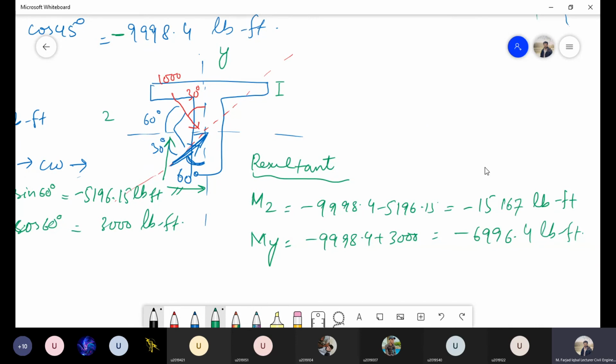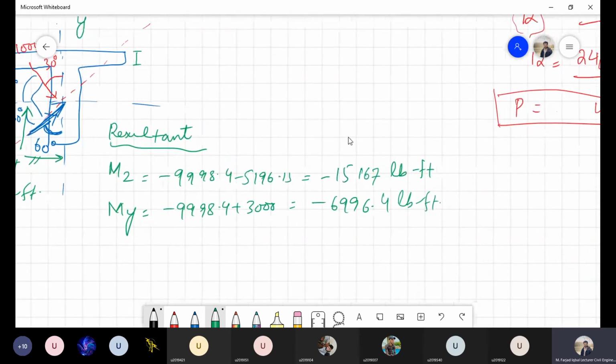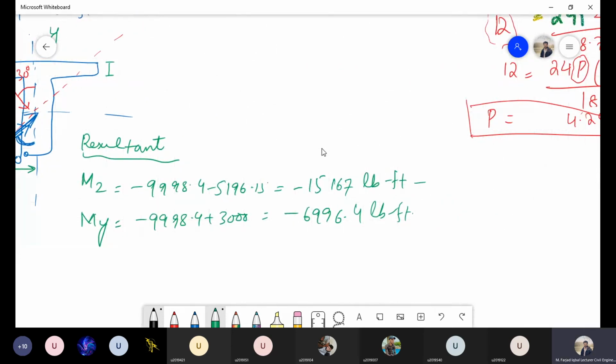So if I convert this one, I will divide it by 12. If these answers are in pound feet, what will be the answer in pound inch? Do I have to divide or multiply?